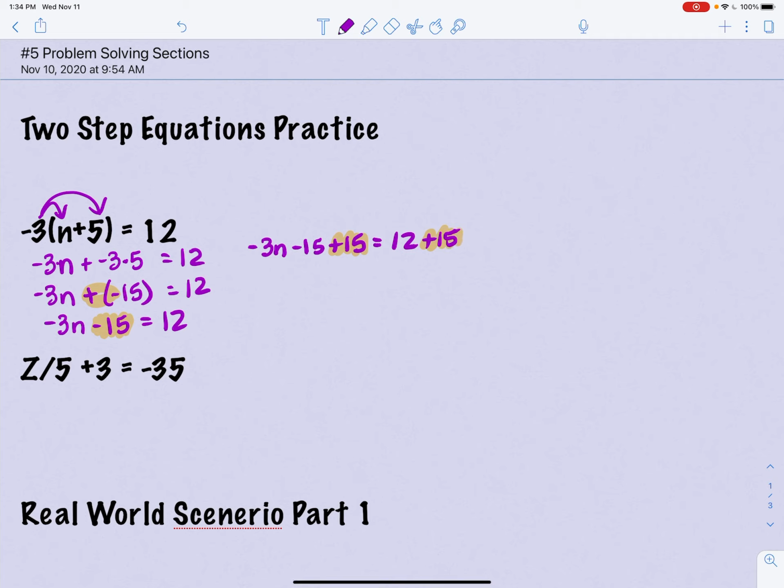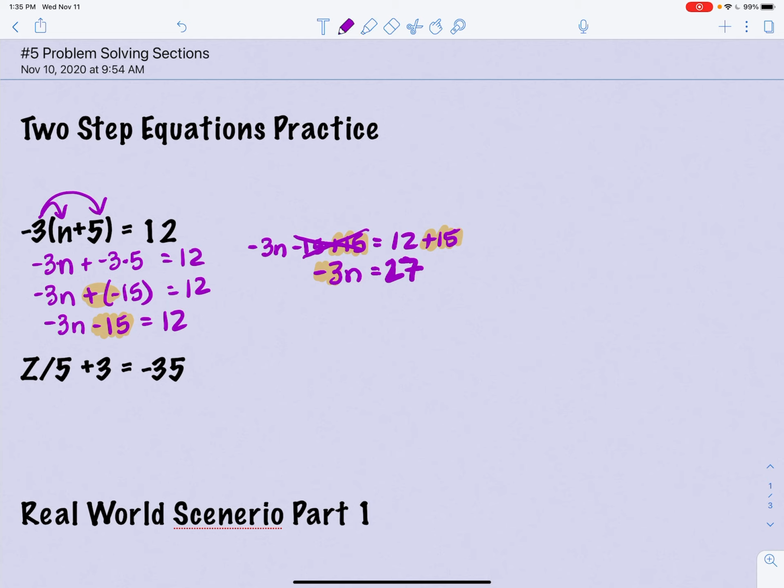So the point of this was to eliminate this. We're left with -3n equals 12 plus 15, which is 27.